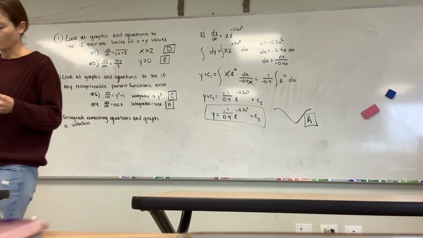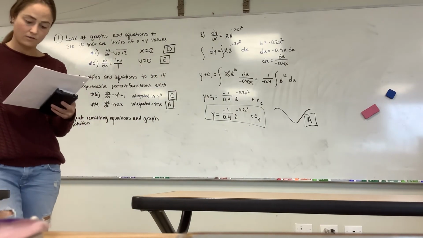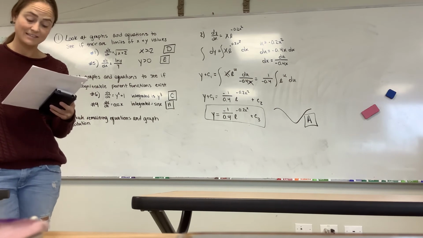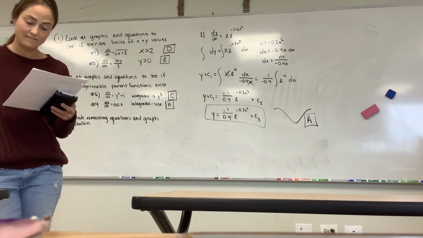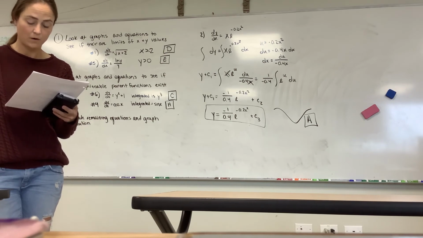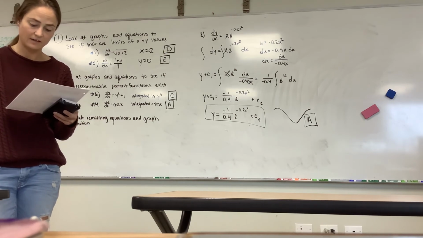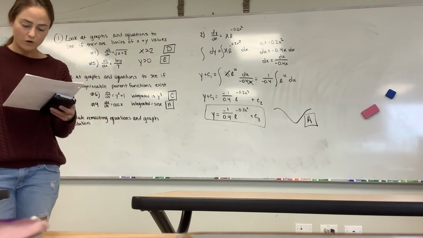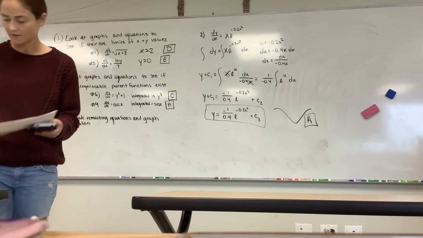Okay, so now we have 1 done, 2 done, 3 not done. We're gonna have to skip 3, that's the last tactic. 4 done, 5 done, 6 done, 7 not done. Let's do 7.